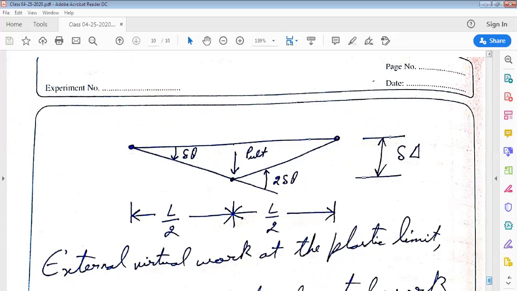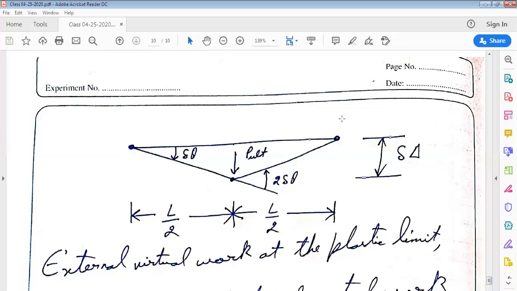We have to propose a collapse mechanism. So we have proposed a collapse mechanism by introduction of two hinges. One hinge we have introduced at the left end of the beam, and another hinge we have introduced at the center of the beam.